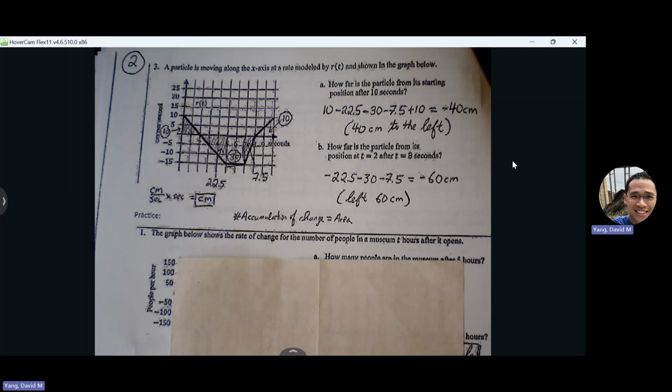Eventually, we're going to have curves where area is not going to be as easily found, so we're going to need calculus to actually find the area under the curve. Okay. Everybody okay with top of page 2?